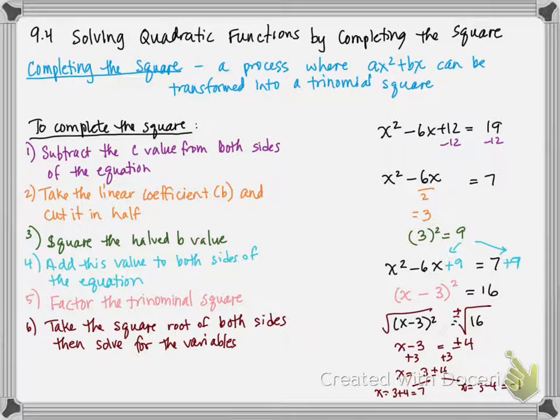Okay, and then I can always test that in the original equation to see if it works. So 7 squared is 49, minus 42 is 7. 7 plus 12 is 19. Phew.